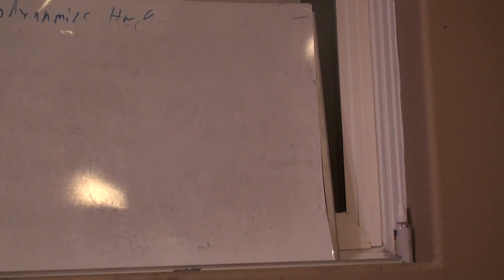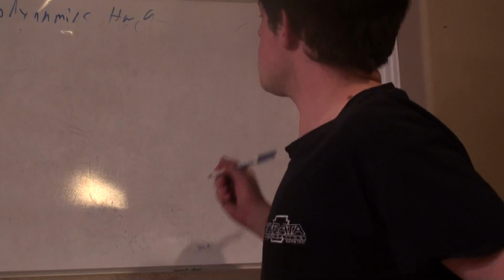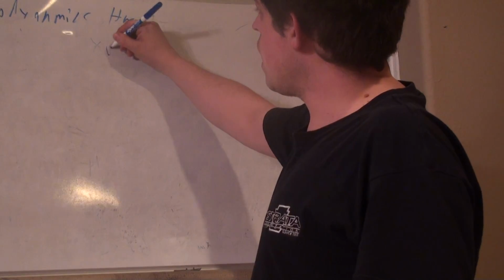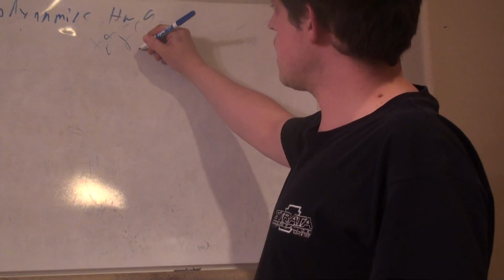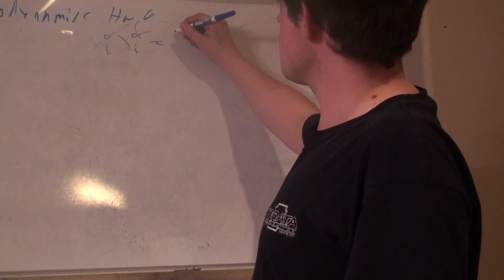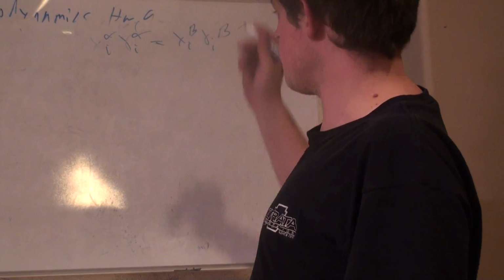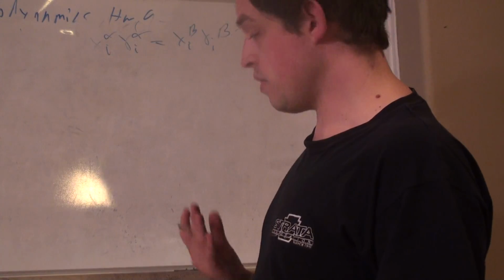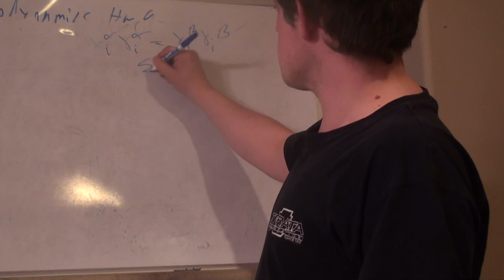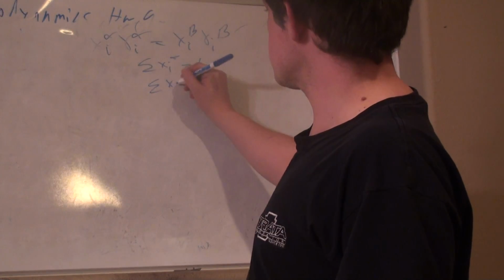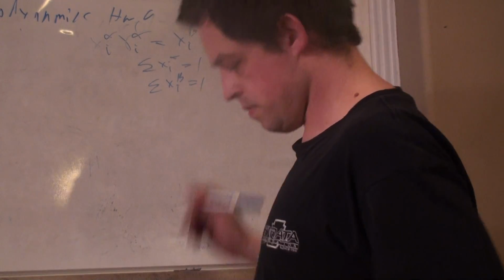Okay, and so, as with any problem, I write down what I know, my equations. x_i in the alpha phase times gamma_i in the alpha phase equals x_i in the beta phase times gamma_i in the beta phase, and that's for each component. The other thing is that the summation of x_i in the alpha phase has to equal 1, and the summation of x_i in the beta phase has to equal 1.